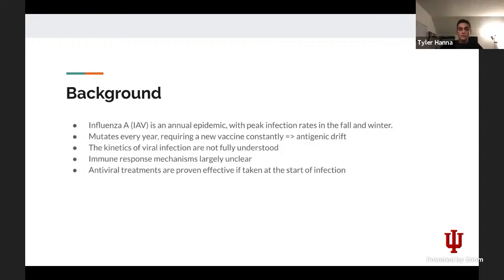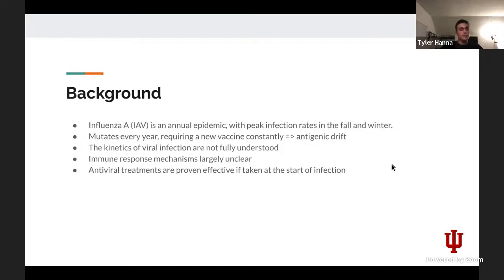Especially since not everybody gets it every year, it just seems to never go away. And although it seems to always be around, we still don't understand the kinetics of it during an infection, especially the immune response. The specific mechanisms seem pretty unclear regarding the adaptive immune response and memory. We have antiviral treatments for it, such as Theraflu.